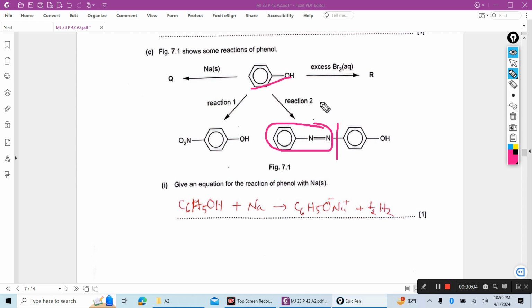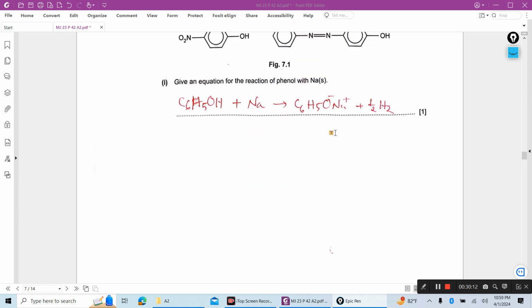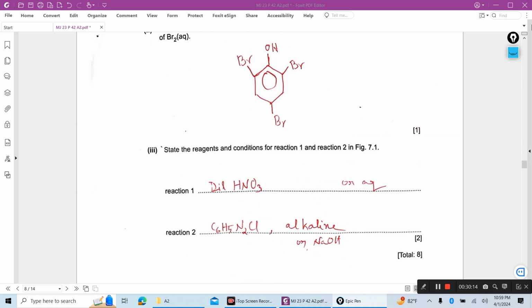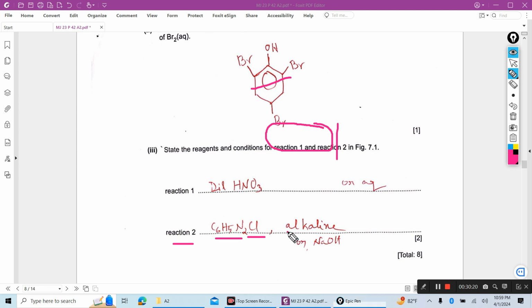So phenol reacts with benzene diazonium chloride to produce 4-hydroxyphenyl azobenzene. That's why the reagent will be benzene diazonium chloride, the benzene diazonium salt, and this reaction will occur in alkaline condition, in the presence of sodium hydroxide.